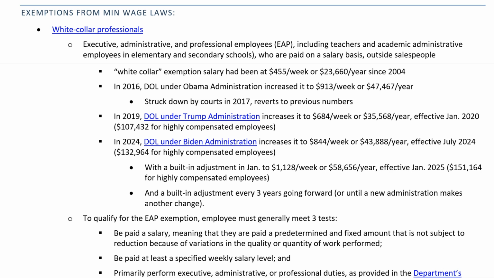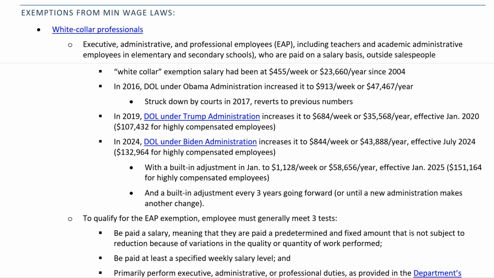Getting a little more specific about this white collar exemption salary, we're going to see a little bit of progression over time just to give you a visual and an idea of how this can change, and it depends on who's running the government at that time. It had been set at $455 a week or $23,660 annually since 2004, but then in 2016, the Obama administration increased it to $913 a week or $47,000 a year.